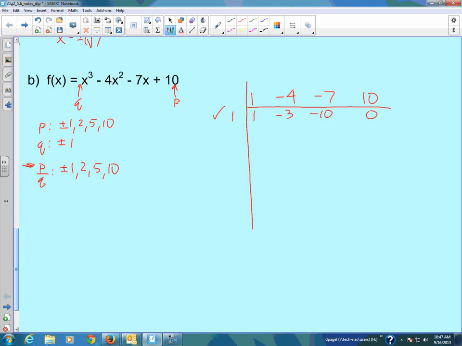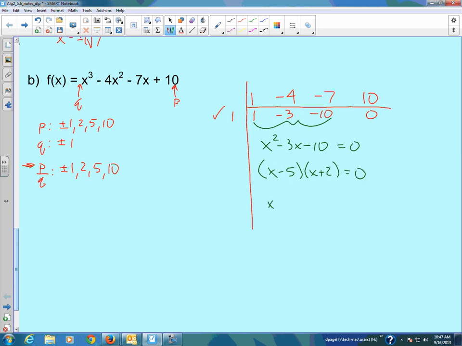All right, at this point I have one of my zeros found. Here's the beauty of synthetic division, we have found that this, which is now x squared minus 3x minus 10, maybe that's factorable. And it is, actually. So if I'm looking for zeros here, I can do x minus 5 and x plus 2 equals 0.